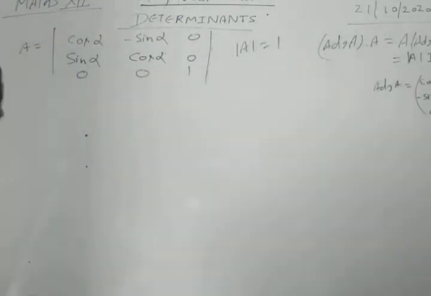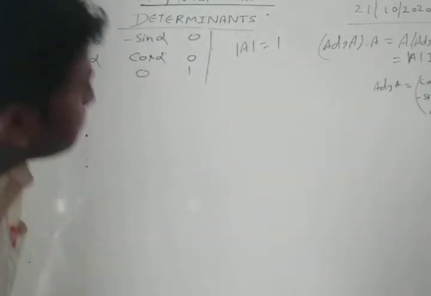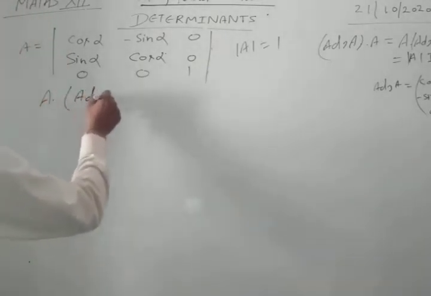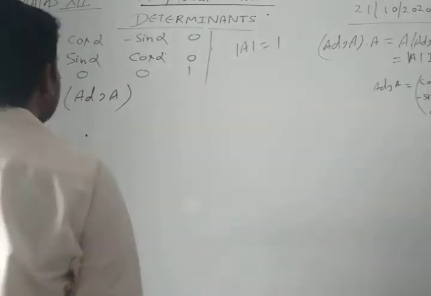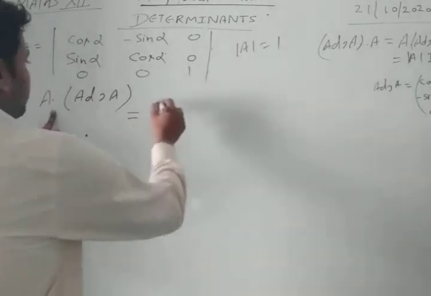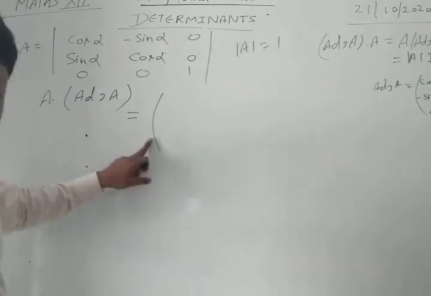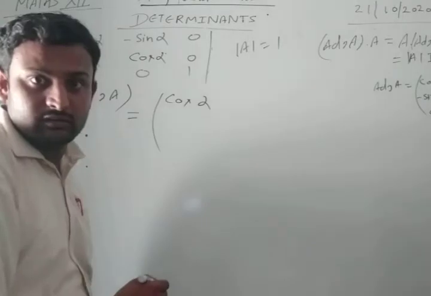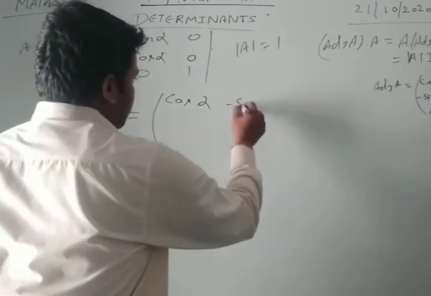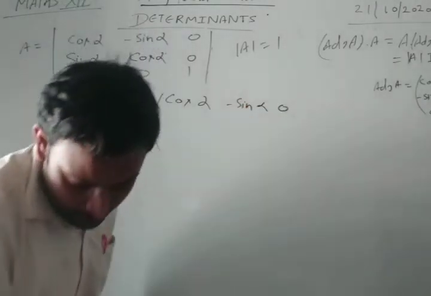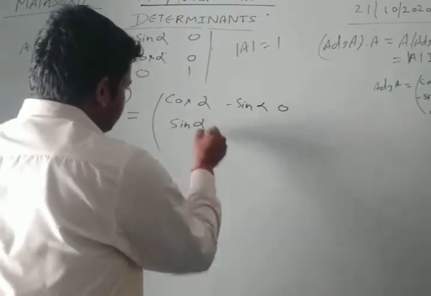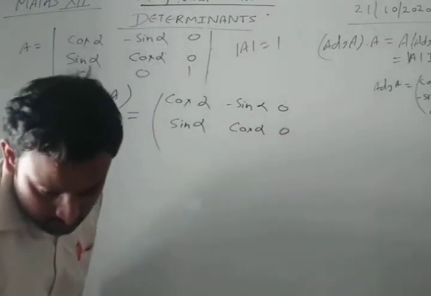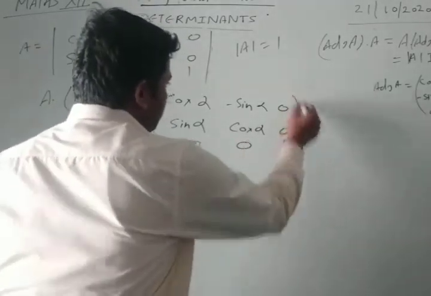Now we will write the matrix A. Our matrix A is cos alpha, minus sin alpha, 0, sin alpha, cos alpha, 0, 0, 0, 1.